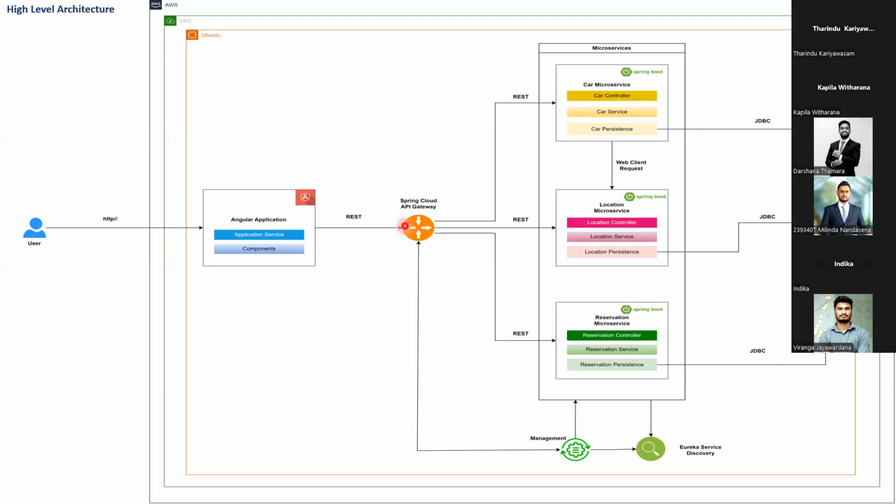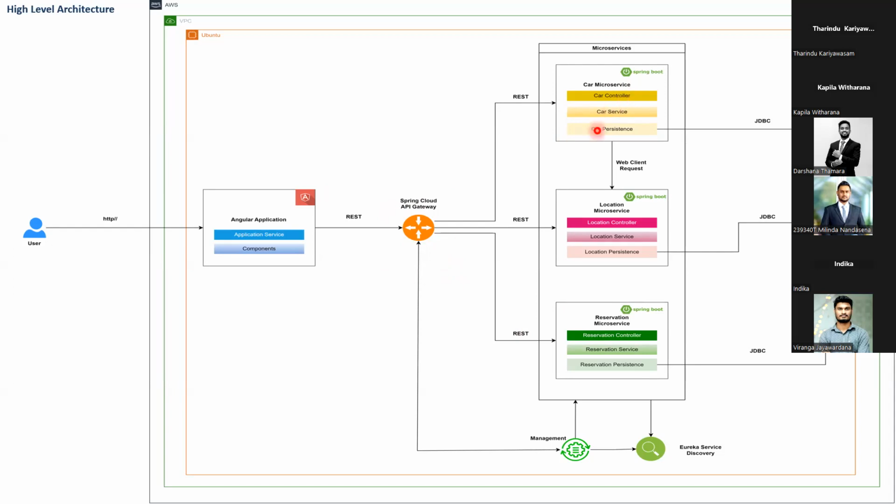To get an idea, I'll give an example. Let's say I am trying to communicate with this car service. I have to use the IP address and the port of that service.